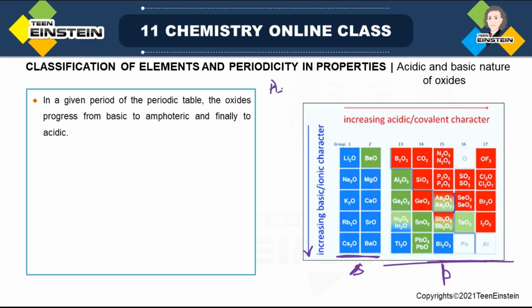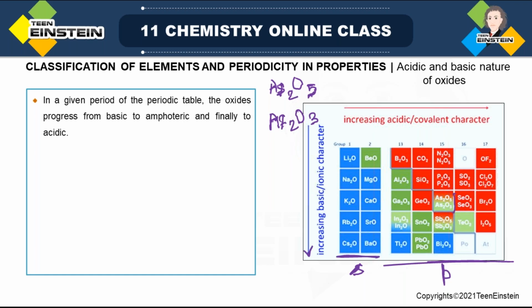So when it is As2O5, it is showing red color. That means it is acidic. But when it is As2O3, now it is towards the green side. That means it is not acidic, right? It is either neutral or amphoteric.